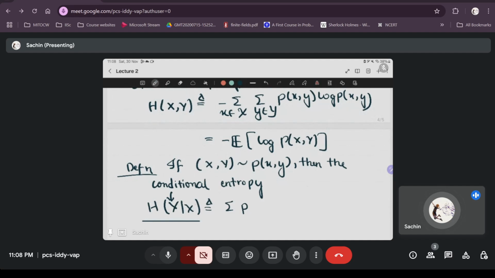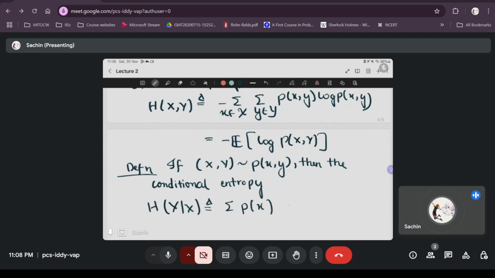Since Y is a random variable that can take a lot of values and X is a random variable that can take a lot of values, you're not really conditioning on one particular value of X. So it's the average over all values of X.